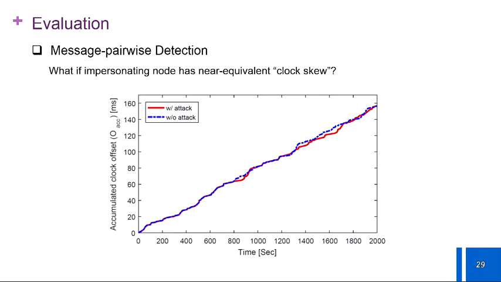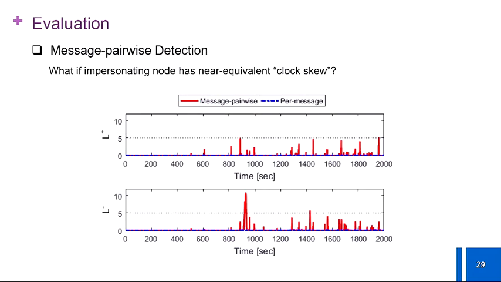So we evaluated a similar scenario by having this attack still with the same clock skew, but of course with different instantaneous offset, because we consider that to be difficult to imitate due to the requirements of matching the workloads and instantaneous temperature. So even in this case, because we were looking at the correlations between the offsets also, it was shown that our system also detected that masquerade, that is, the switching from one transmitter to another.